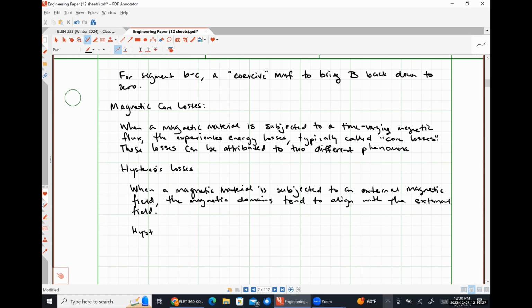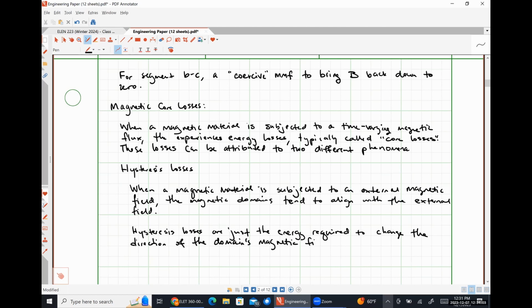Hysteresis losses are just the energy required to change the direction of the domain's magnetic field when subjected to an AC coil current.